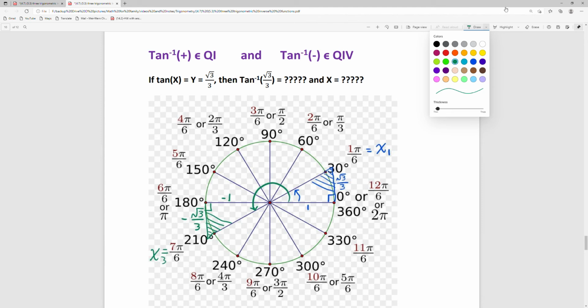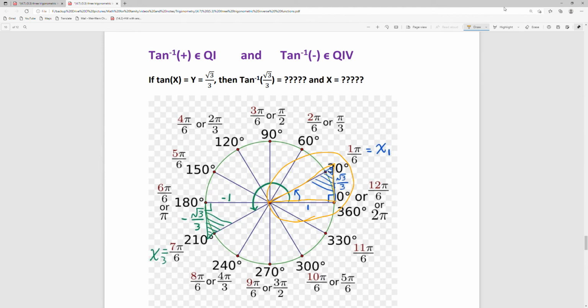My picture is using an outside triangle. This triangle is outside the unit circle because this is for tangent. If you watch my extra credit video for chapter 4, I put it on Canvas also.